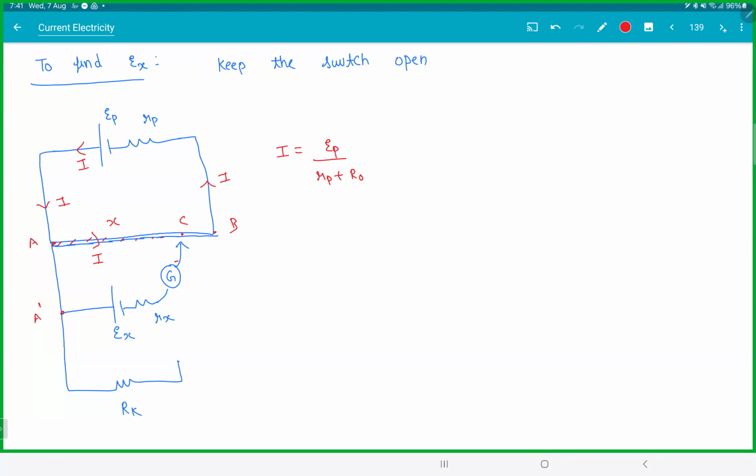Now in this branch, Ig is 0 because the bridge is balanced. If that current is 0, this current is also 0, because the current has to come from here only. There's no way out. Is that clear, everyone?